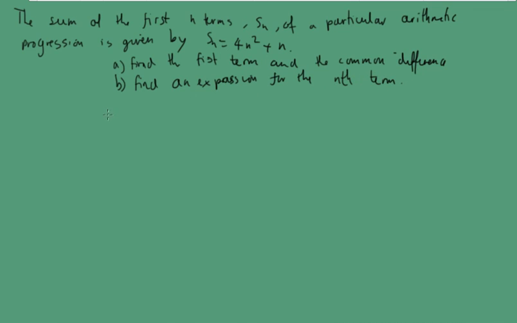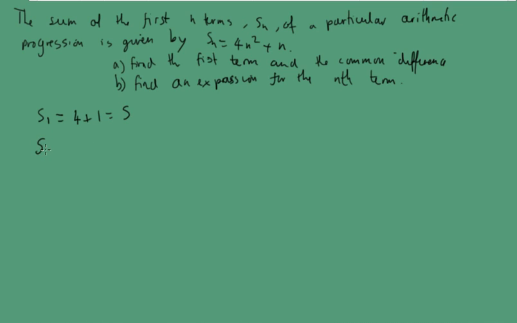So let's think, what is the sum of the first term? So this will give us just the first term, because if it's the sum of an arithmetic progression with one term, it's going to be the one term because we're only adding one thing. So Sn, where n's 1, will give us 4 plus 1 equals 5.